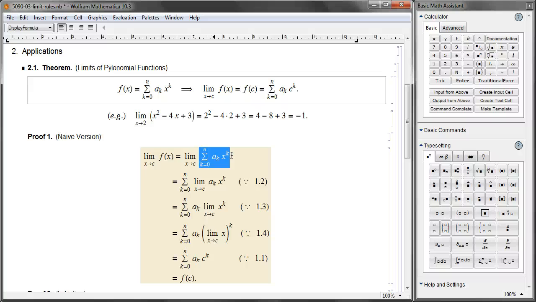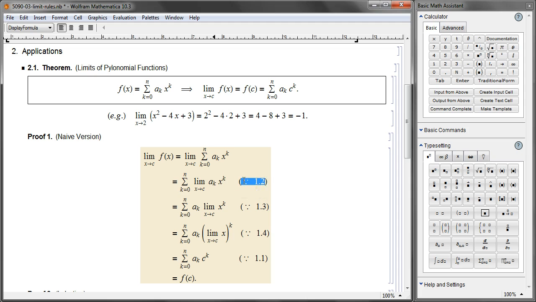Then if you use the addition rule repeatedly for n terms, the limit of the sum is the sum of the limits, so we get the second line.